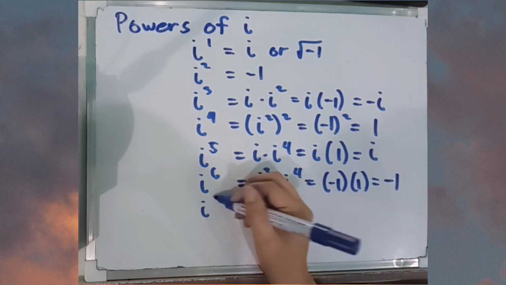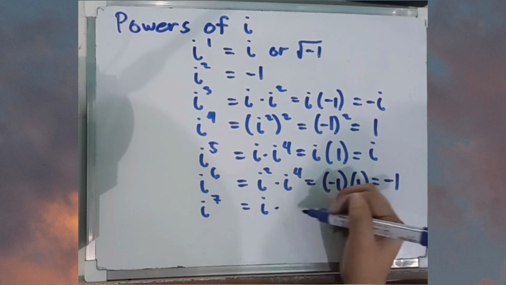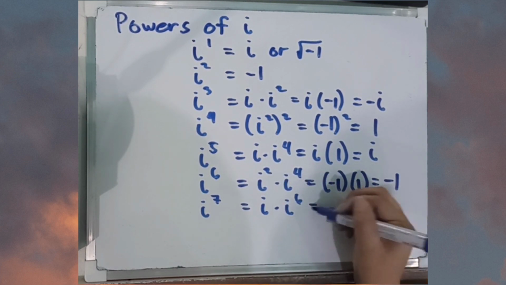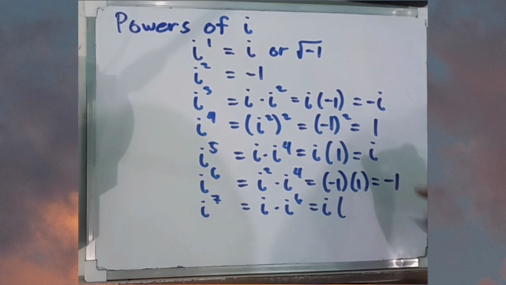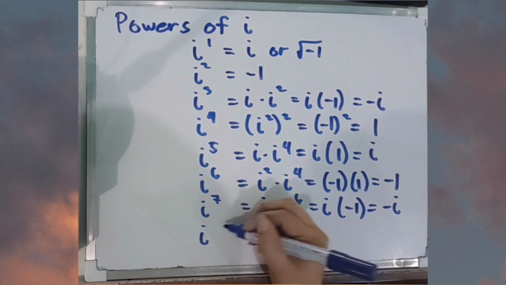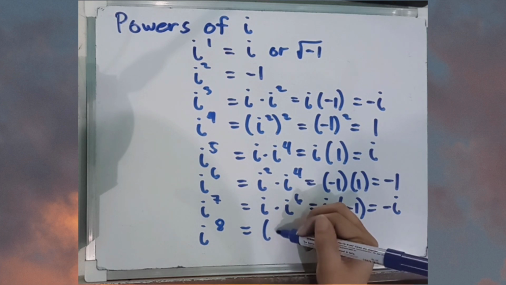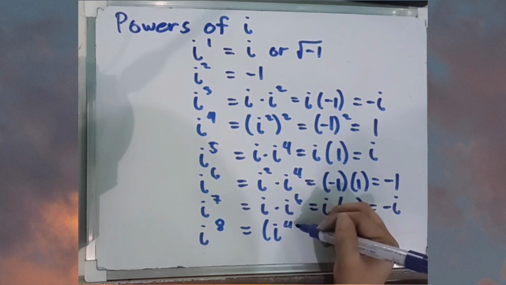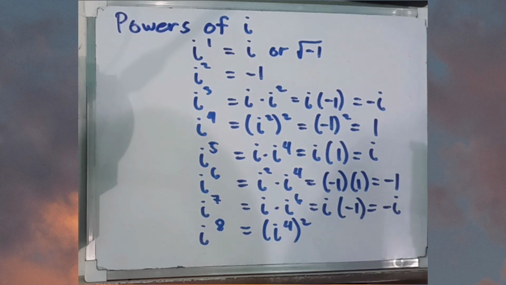What if we have i to the 7th power? So we can rewrite this one as i times i to the 6th. And we have i to the 6th is -1. Therefore, i to the 7th is -i. And if we have i to the 8th power, we can rewrite that one as i to the 4th squared, because 4 times 2, that's 8.